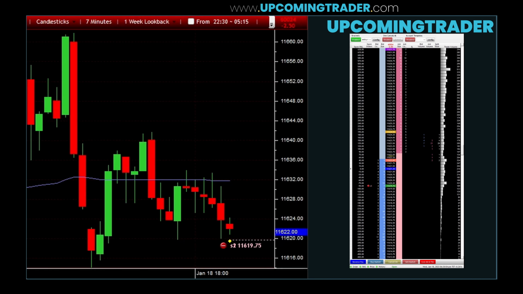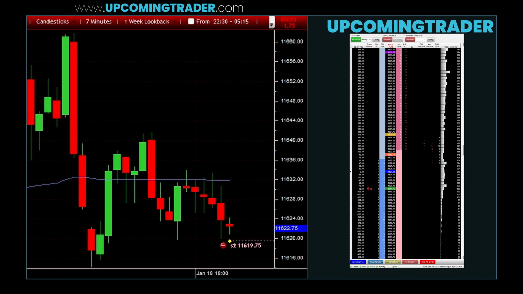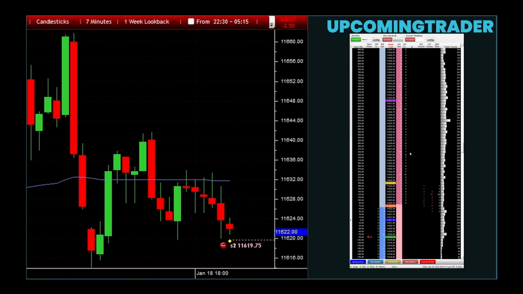This way, if the market moves against you, your losses are kept in check. You should also think about adjusting your position size depending on the volume levels. When trading near high volume nodes, you can take larger positions because those areas tend to provide strong support or resistance.